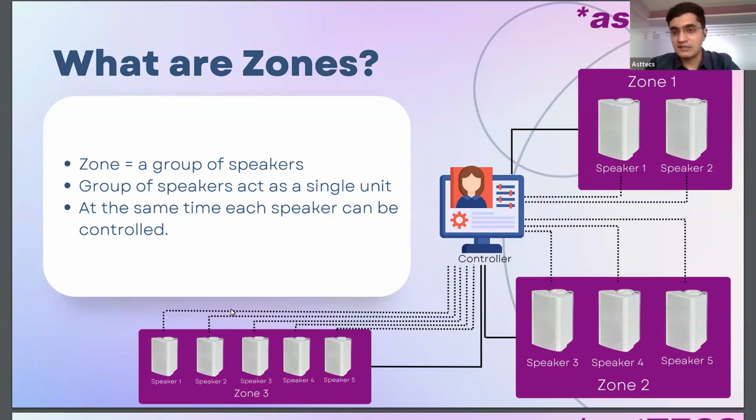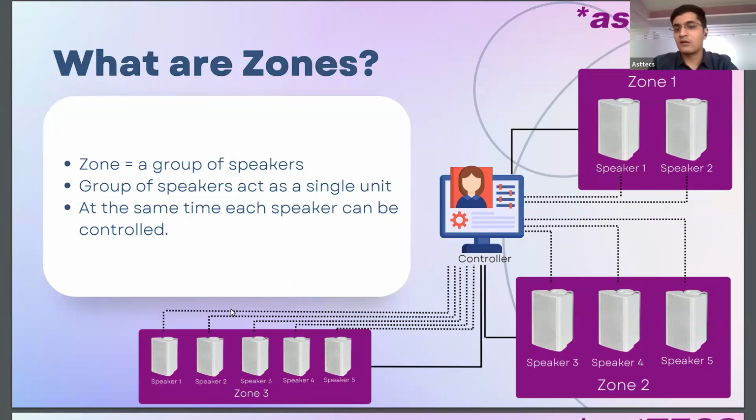That does not mean he does not have control over announcing to just one speaker. At the same time, he can announce to different speakers. So zones, like it's mentioned here, are a group of speakers. You can think of it as a cluster, a collection of speakers or announcement devices.